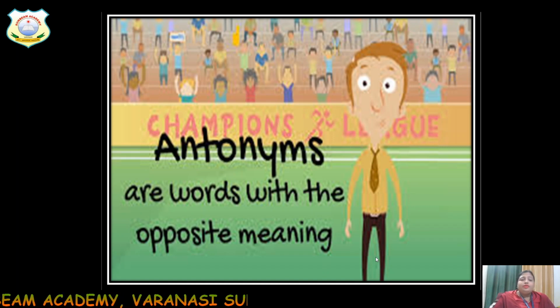Okay, now there is one more thing, that is synonyms. What are synonyms? Synonyms are the words which have the same meanings, like huge, big. Huge is also called big, and big is big. So there are many like happy, joyful, big, large. These are the synonyms because they have the same meanings.